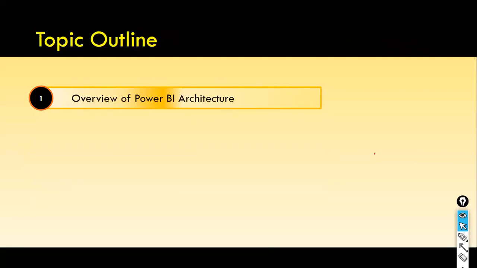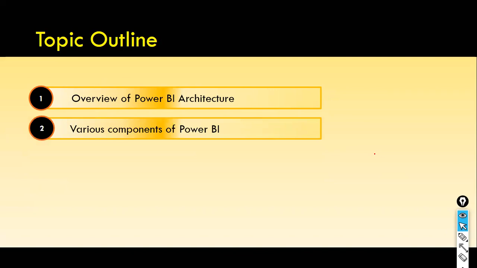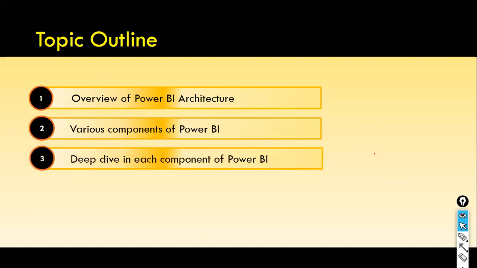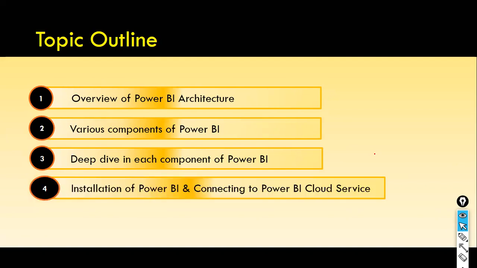So next up, we will take a quick look at the Power BI architecture at a high level, and also let us understand the various components that form part of the Power BI architecture. And then we will move ahead and take a deep dive into each component of Power BI. And last but not the least, I will help you out in this session on how to download and install Power BI Desktop.